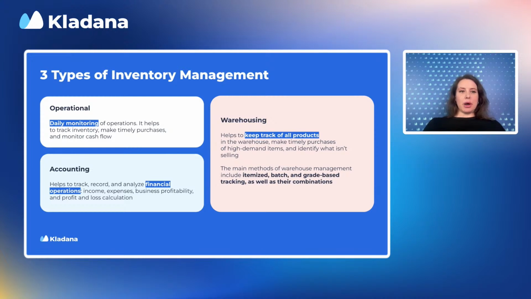Another one is about accounting. It helps to record and analyze financials. And the third one, when we are talking about inventory management, people mean store management, warehouse management, where it is important for us to know where our items are stored, to pick them up quickly, and also to manage purchases in time.